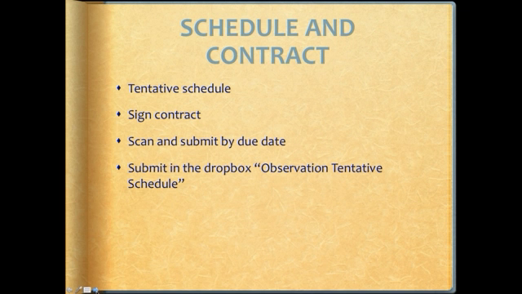And then the second page is a HIPAA statement that you also need to read through and sign. Make sure you scan and submit it by the due date, which is September 4th. So by the end of the second week of school, I need all of these submitted back to me. And there will be a drop box under week 2 that says observation tentative schedule.